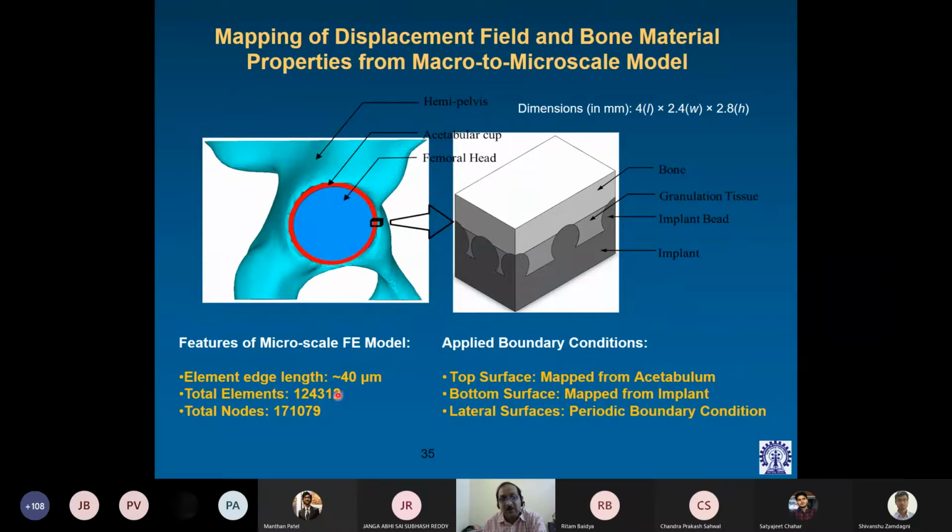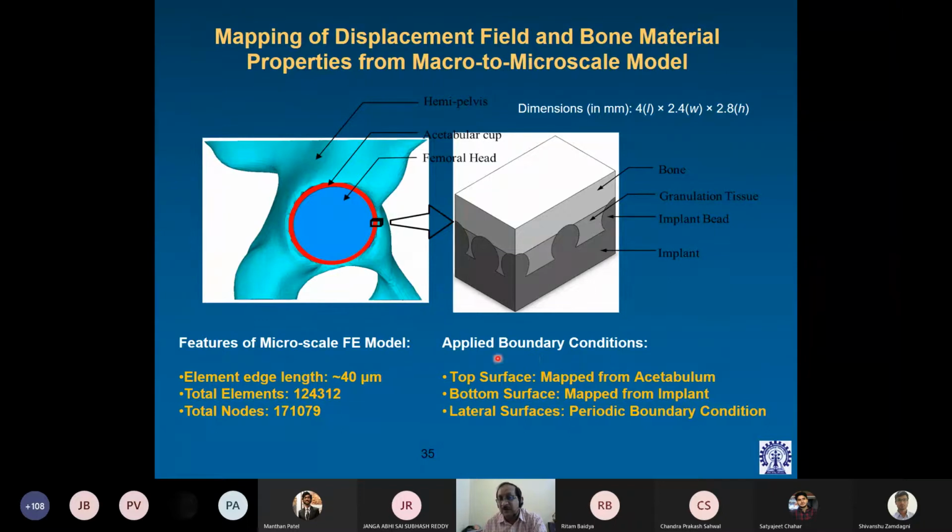But here let us just summarize the features of the microscale model. Element edge length was about 40 microns. The total number of elements used was 124,000, and total nodes around 171,000.